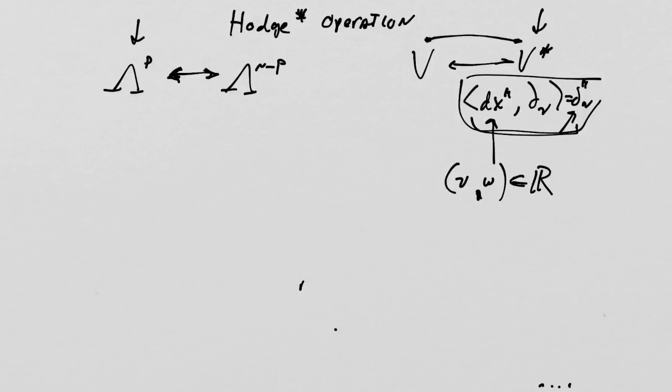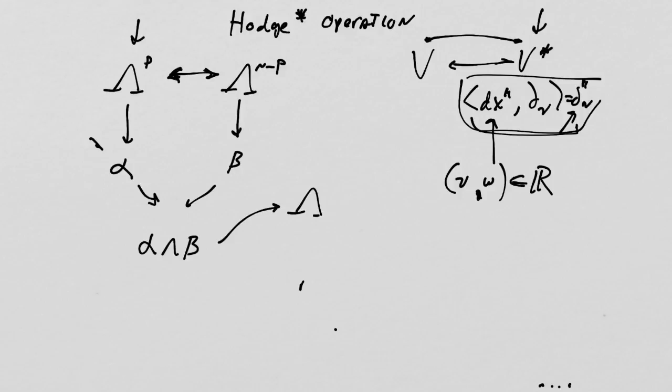Well, let's break it down. Say I take an element alpha from this vector space, and then I take an arbitrary element beta from this vector space. Let's stick with a fixed alpha and we change beta up, so we can pick any beta. From these two things, I can produce alpha wedge beta. And alpha wedge beta, we know is going to come from the nth exterior power. And why do we know that?